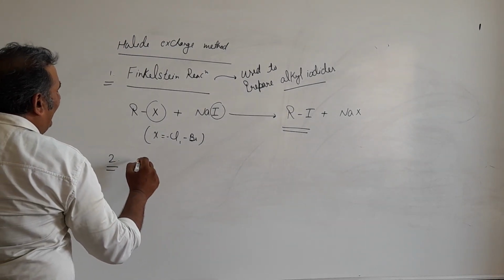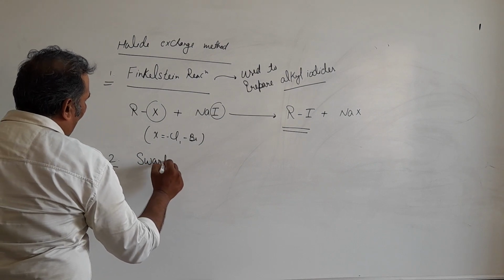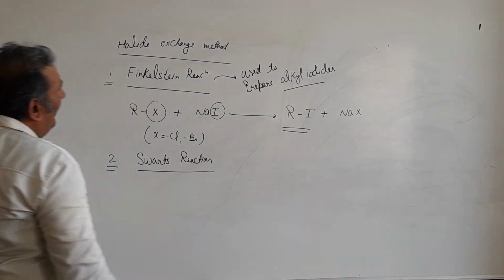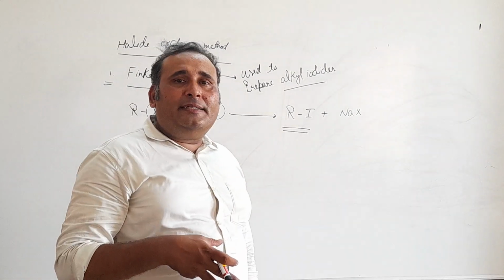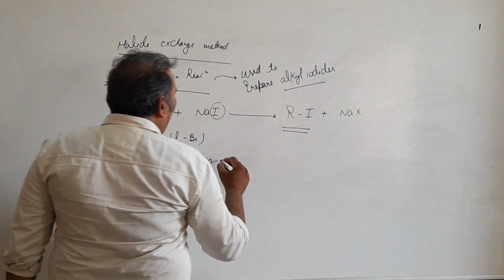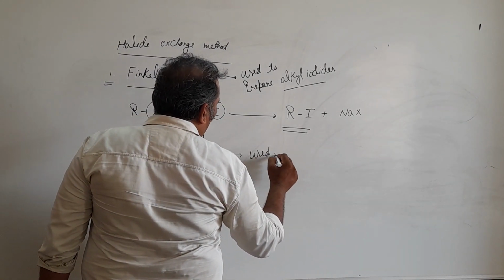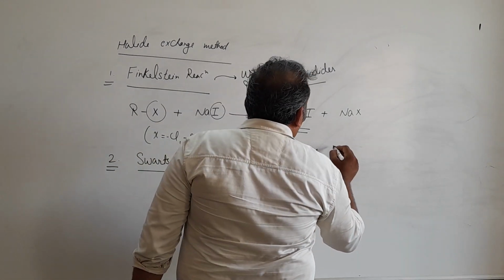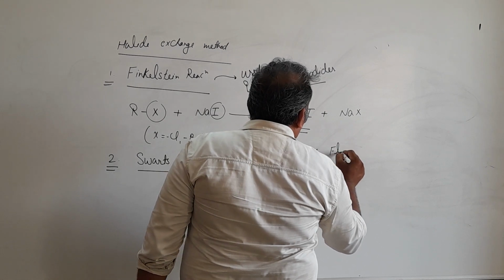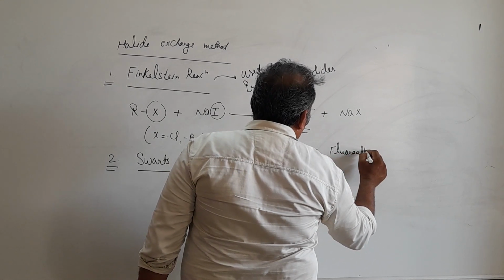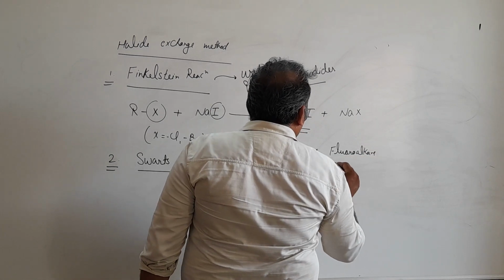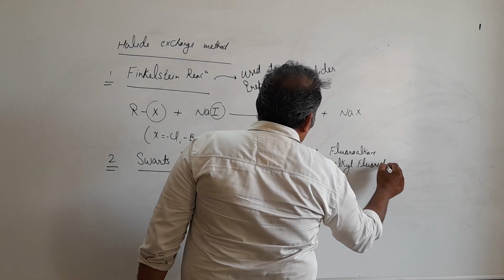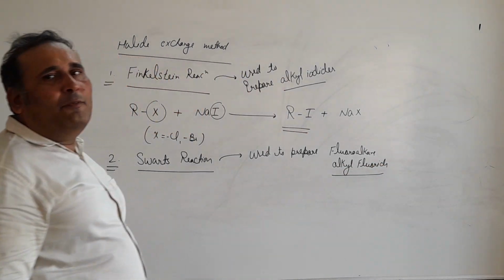The second halide exchange method is called the Swarts reaction. The Swarts reaction is the halide exchange reaction used to prepare fluoroalkanes, or alkyl fluorides.